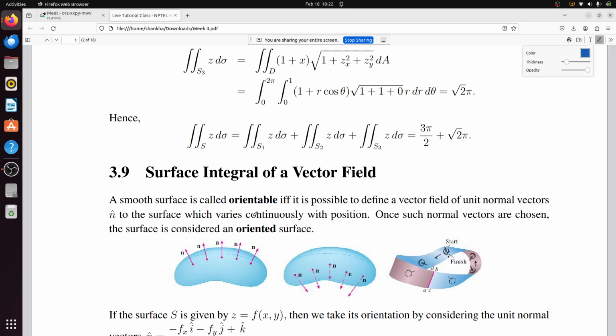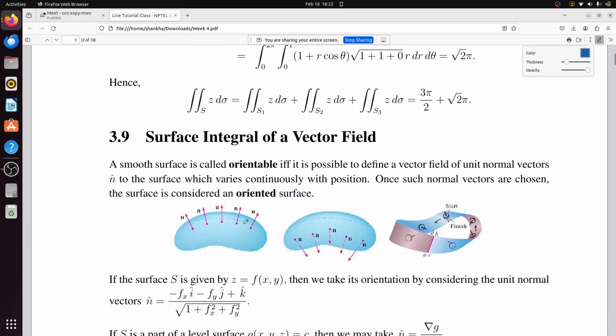But in this class we will mostly focus on surface integration of a vector field, and we will learn two of the most important theorems of vector calculus. One is Stokes theorem and the other one is Gauss's divergence theorem. So without a delay, let's proceed.